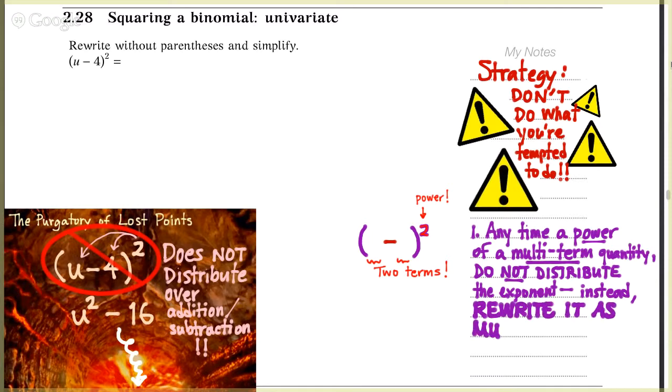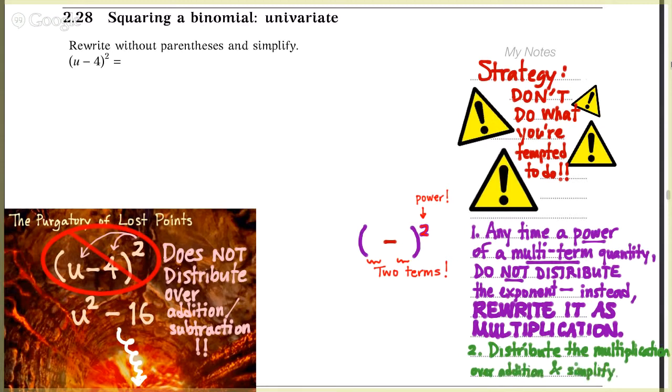So the way we're going to get around this, one of the most common errors in all of algebra, is to rewrite this power, this squaring that's happening here, as a multiplication problem instead. And once we've rewritten it as a multiplication of polynomials, then we know what to do. We can distribute multiplication over addition and simplify, just like we did in the previous example.